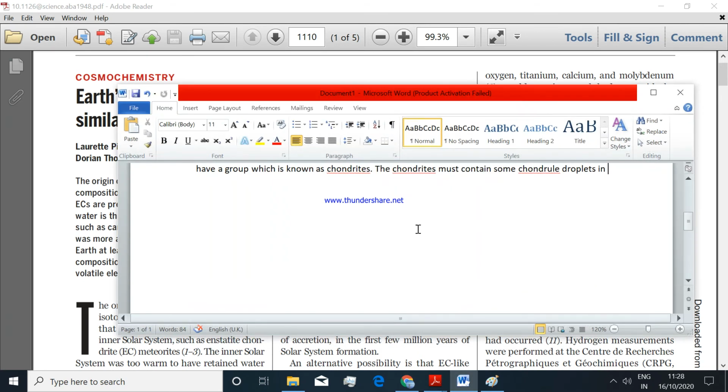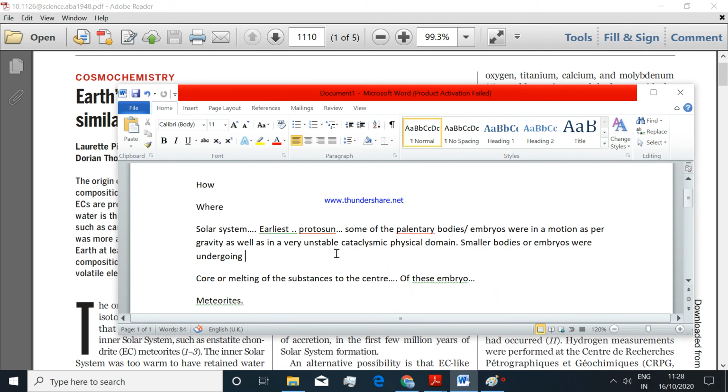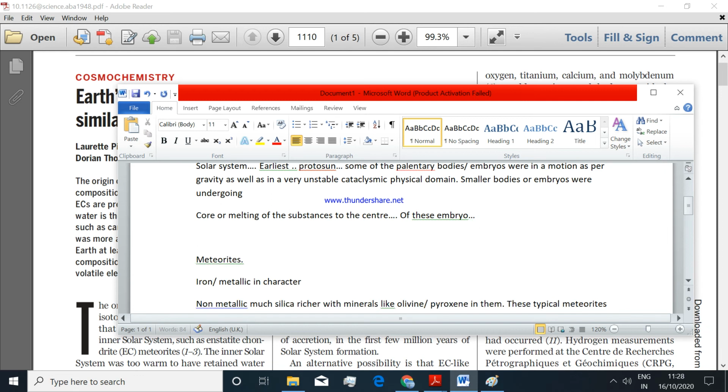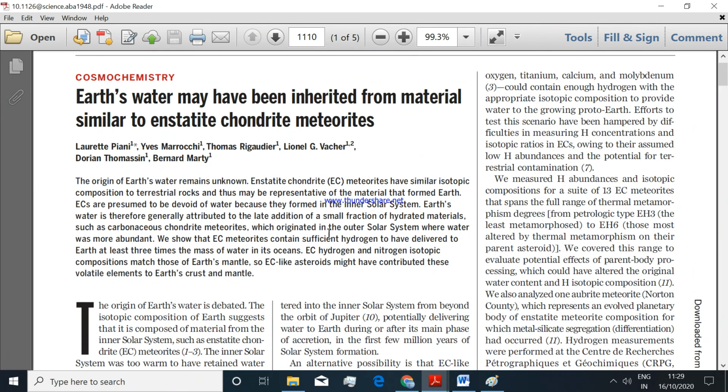There was another discussion: not only the melting of these embryos, but also the presence or abundance of aluminum-26 and some iron isotopes could have added to the heat or the melting in these planetesimals. So this is a very important thing.